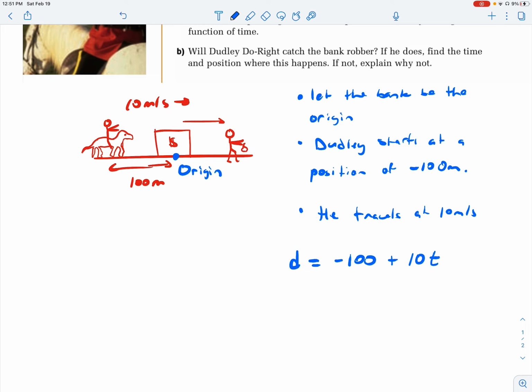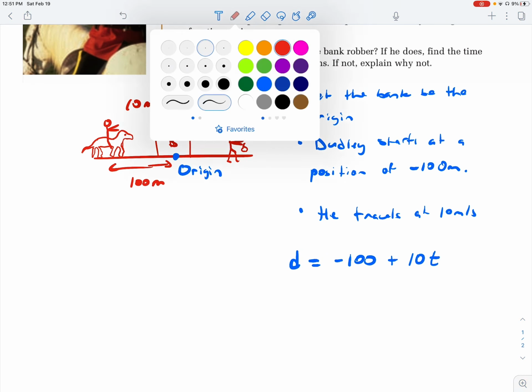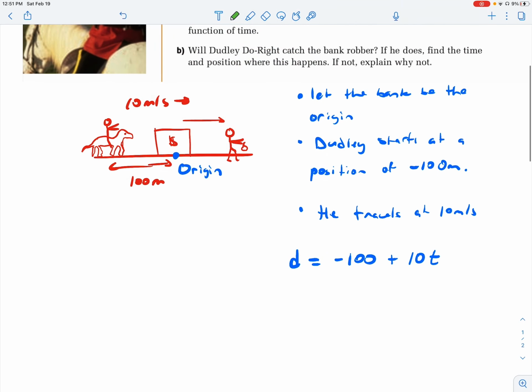You can see I've set up this part here. This is speed, and then we have time. Speed times time always gives you a distance. So if he's on his horse for, let's say, 10 seconds, he's going to go 10 times 10, 100 meters. So that's when he'll reach the bank, at 10 seconds. So that is part A.